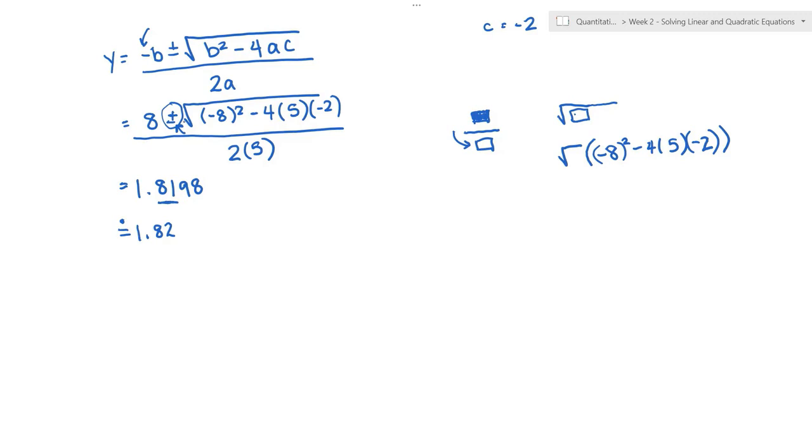So I have 8 minus the square root of negative 8 in brackets squared minus 4 times 5 times negative 2, all over 2 times 5, making sure that all of that that I just wrote was in the numerator, and the 2 times 5 is in the denominator, and I get negative 0.2198, and when I round that, the 1 should get rounded up to a 2 because it's followed by a number that's 5 or bigger, so I get negative 0.22.